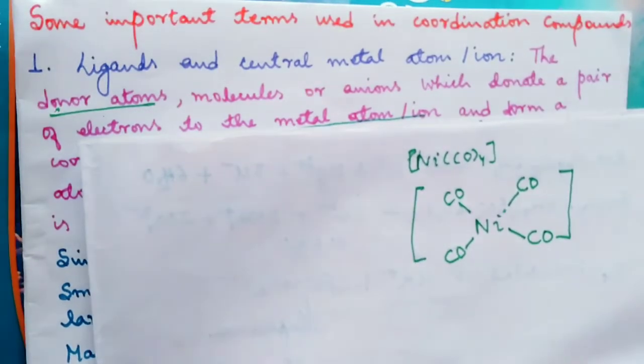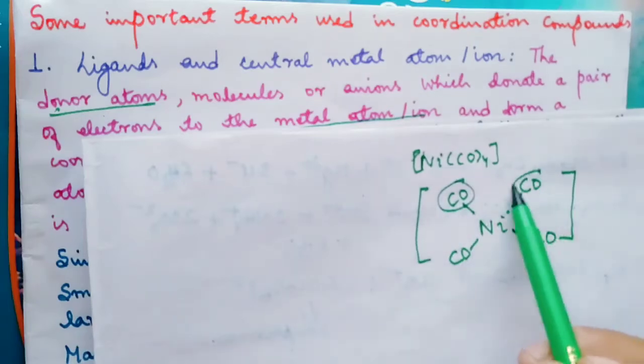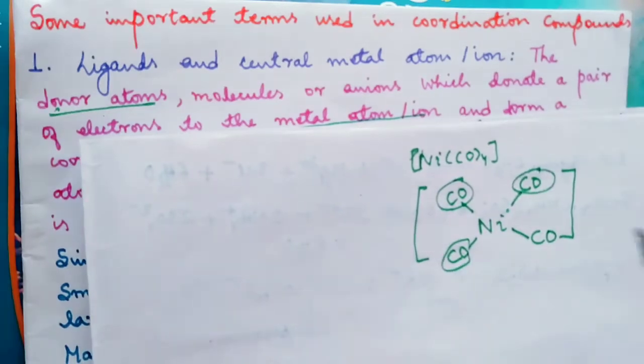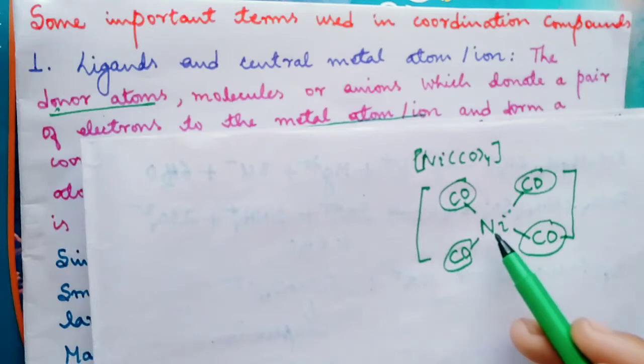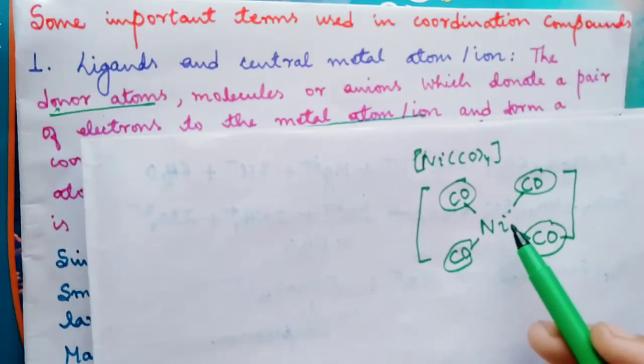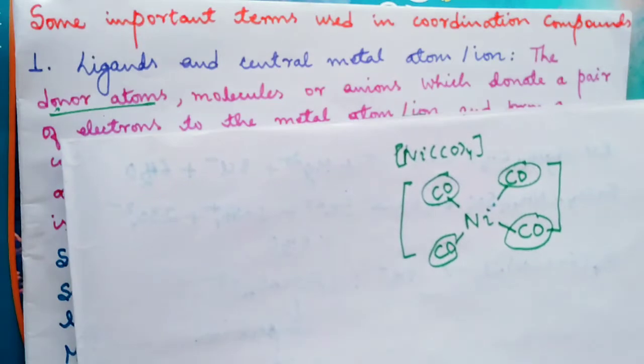So we can also say that ligands are Lewis bases because they donate a lone pair of electrons to the central metal atom, whereas the central metal atom is also known as a Lewis acid because it accepts a lone pair of electrons from the ligands. This is just a simple example of a ligand and a central metal atom.